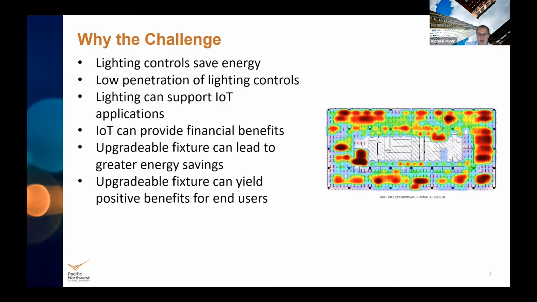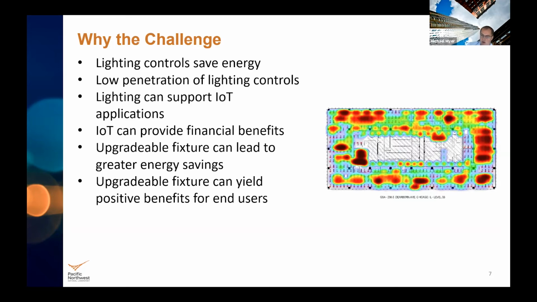Lighting can support IoT applications. The image on the right is a space utilization graphic. The idea here is that because there's a light fixture about every 40 square feet, and each light fixture has an occupancy sensor in it, they're able to use that occupancy data, run it through a filter, and do some analytics on it, and determine how dense certain spaces are used compared to others.